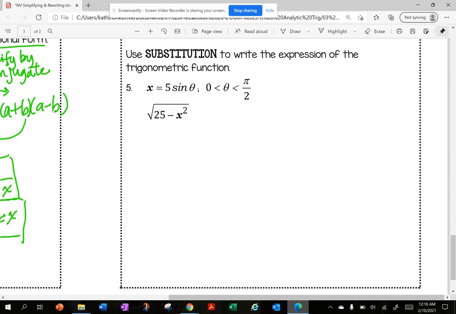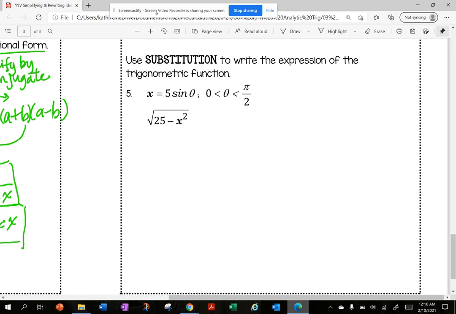Substitution. When we use substitution to write in trig form, I'm going to substitute x equals 5 times the sine of theta. This is kind of some setup for something we're going to do in the next unit. So where I have x, I'm going to substitute 5 times the sine of theta, and that is squared.